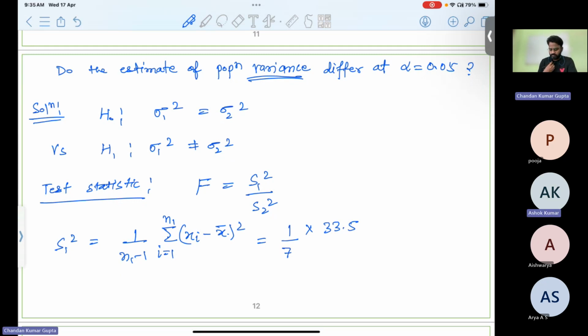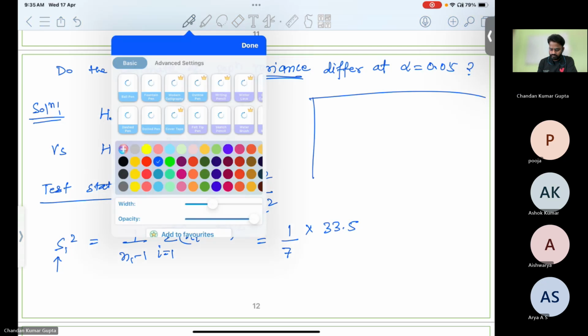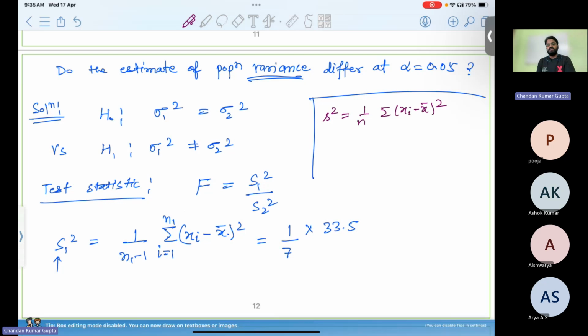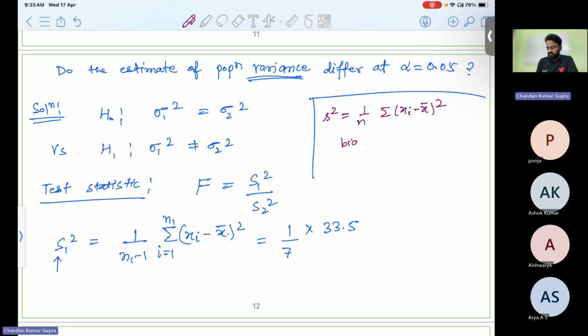Excuse me, sir. S square is 1 by n minus 1. Why not take 1 by n? We take the unbiased estimate because this is an unbiased estimate of sigma square. S square, which is 1 by n summation of xi minus x bar whole square, is actually biased for sigma square.